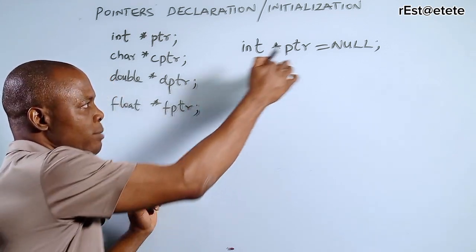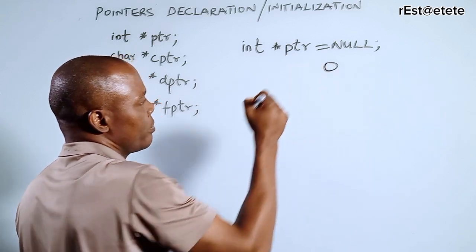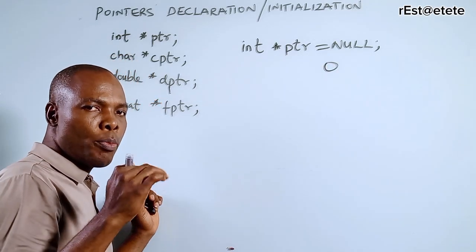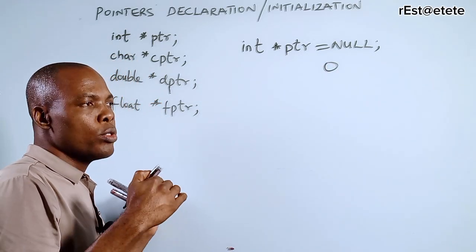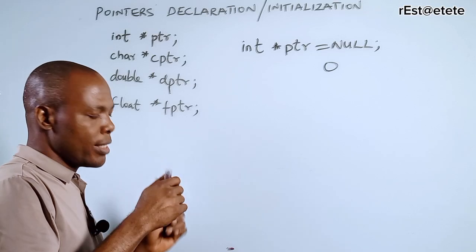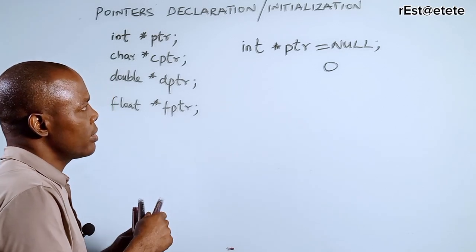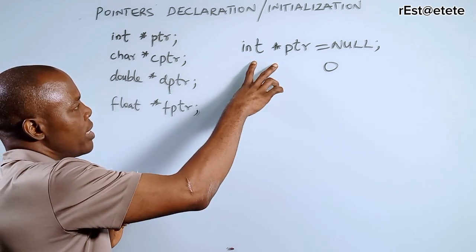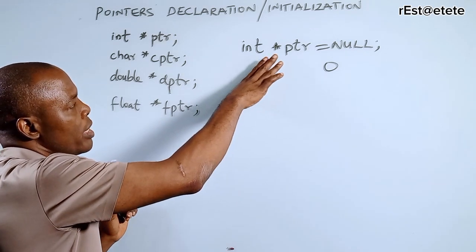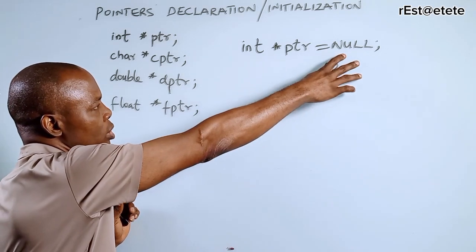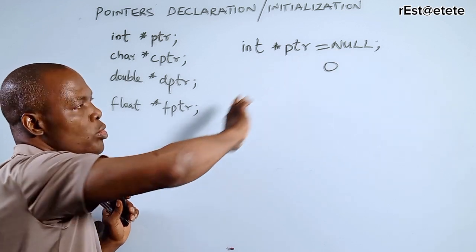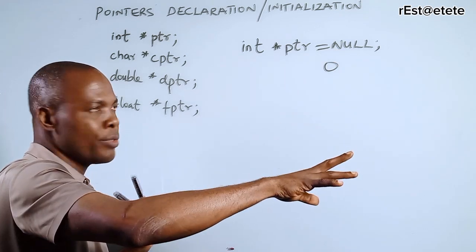So if I print this out, it will print out 0. Many operating systems will not allow your program to access the 0 memory because it is a reserved memory for the OS. So this is a secure process of declaring the pointer and pointing it to a null value. With that, it's not going to point to any garbage value in the memory, right?